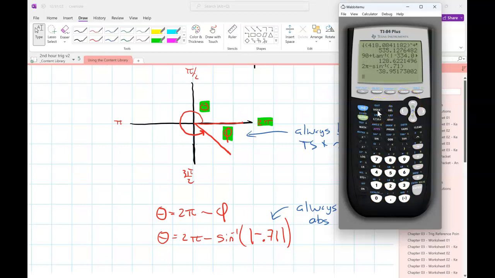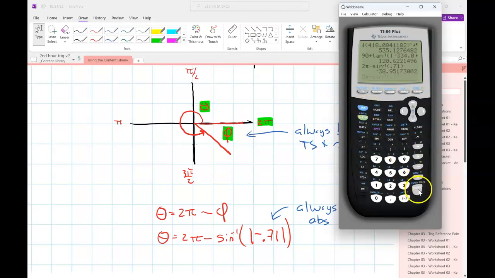Uh-oh, what happened? This doesn't look like a sensible answer. It's a mode problem. What mode should my calculator be in? Radians, because notice that the quadrants that I've been labeling, pi over 2, pi, 3 pi over 2, 2 pi, are all in radians.